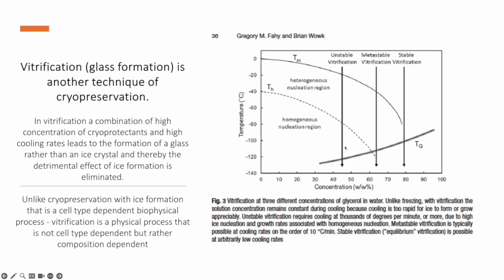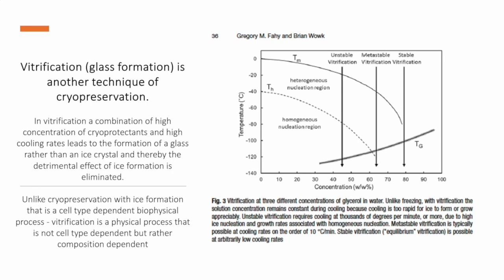You can see this in a plot as a function of concentration. If you have this level of concentration, in order to increase the viscosity sufficiently, you have to get to very low temperatures extremely fast to capture the water molecules in place.